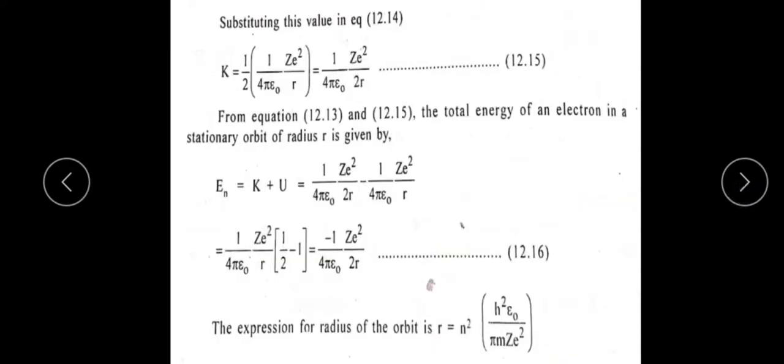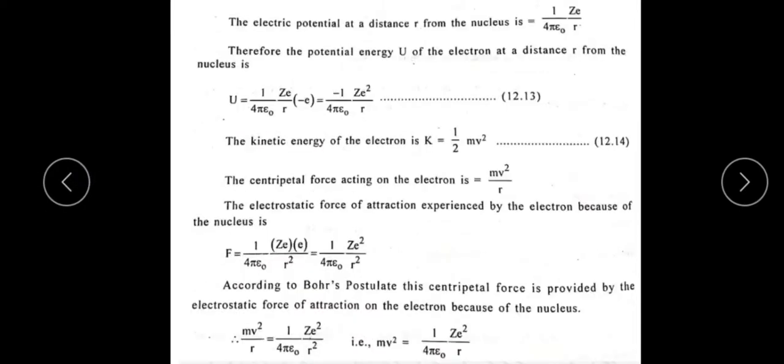Now we need to substitute this mv square value in equation number 12.14. In equation 12.14, K is equal to half mv square. Instead of mv square, we substitute 1 by 4 pi epsilon naught, Ze square divided by r.